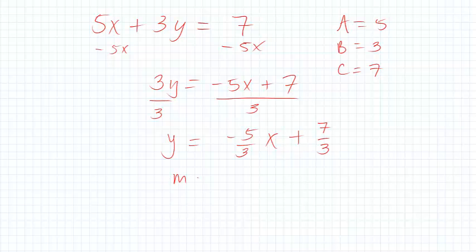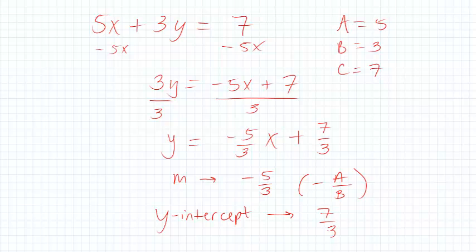So I'm saying my slope is negative 5/3, which again is negative A over B. And my y-intercept is 7/3, which is C over B. That's the relationship between these two forms.